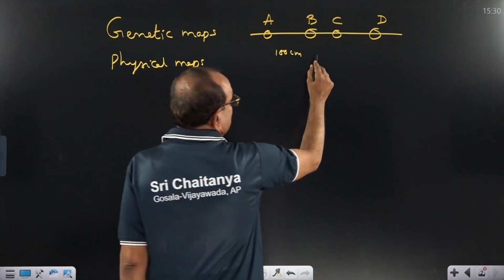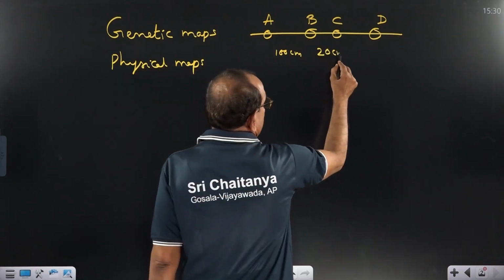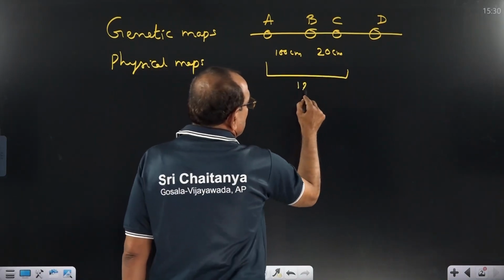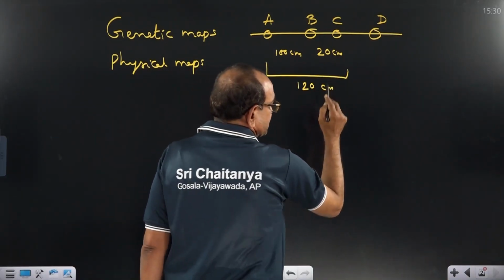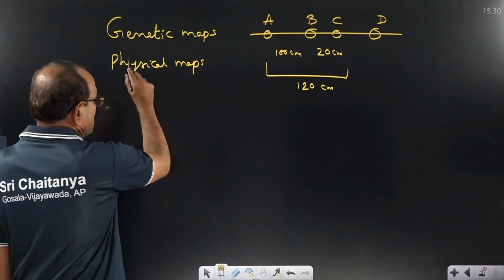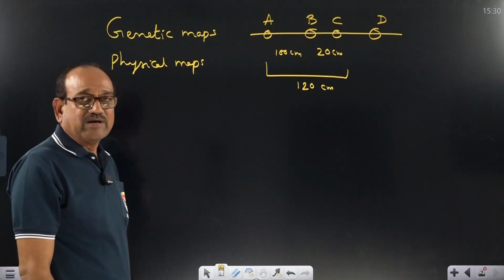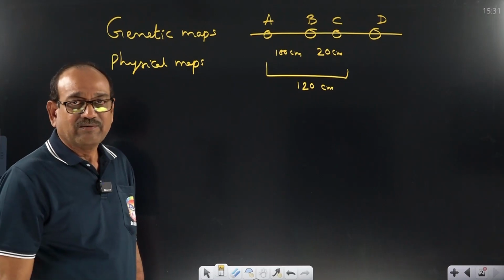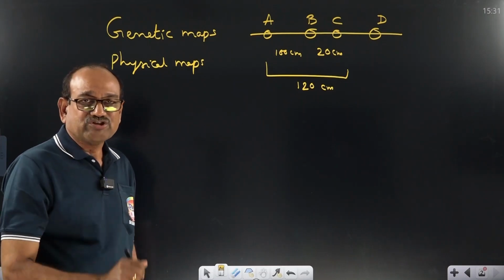Distance between B and C, say 20 centimorgans. Then the distance between gene A and C is altogether 120 centimorgans. This type of generation of maps is called genetic maps. But genetic maps give you only the relative distances between different genes, but not the exact position of genes.